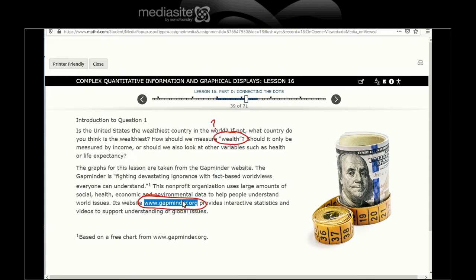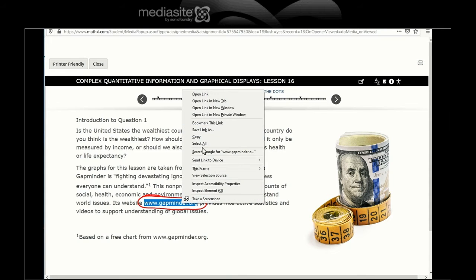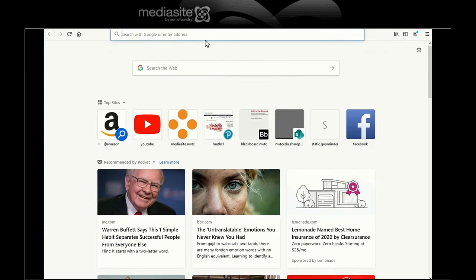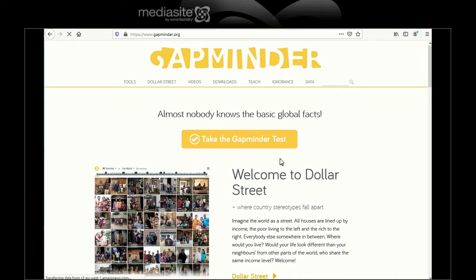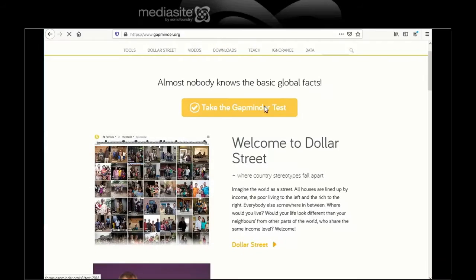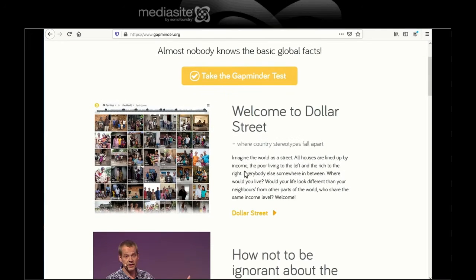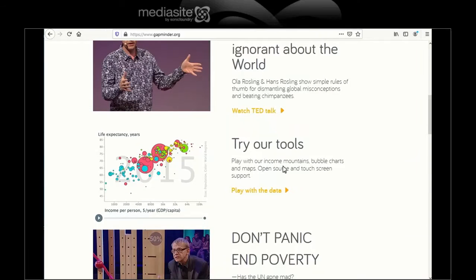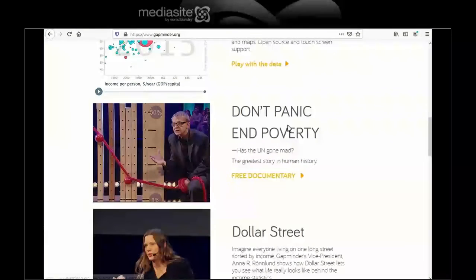Let's do a slight digression here. What's that website look like? Take the Gapminder test. Okay. Welcome to Dollar Street. How not to be ignorant about the world. Try out tools.